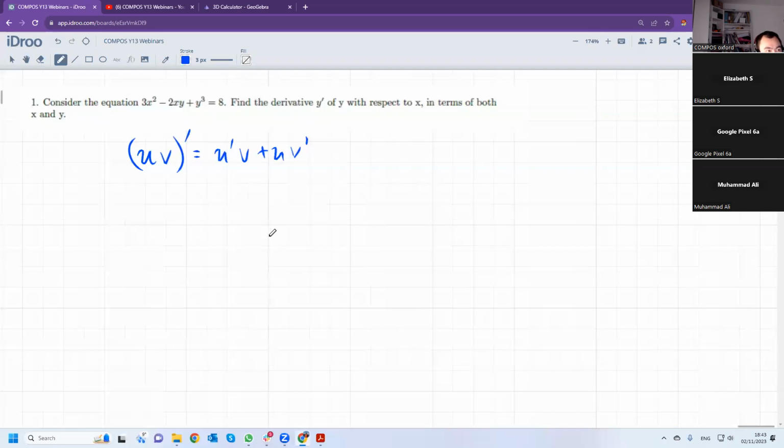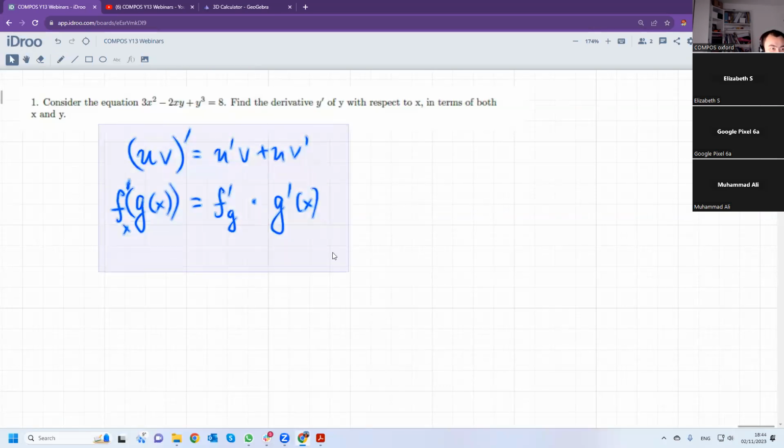And we know that if you have f of g of x and you want to differentiate that with respect to x, it is the derivative of f with respect to g multiplied by the derivative of g with respect to x.